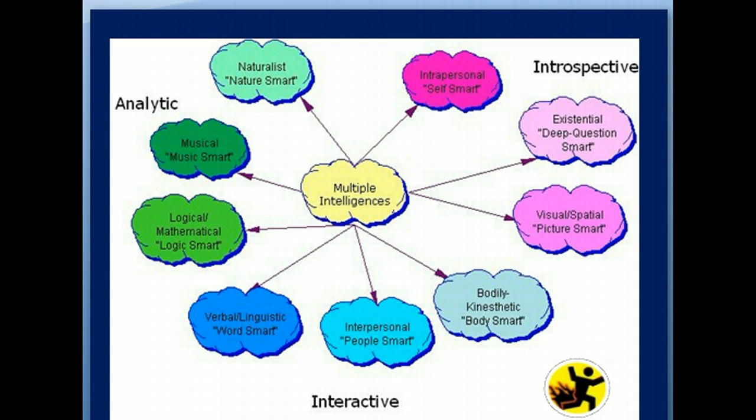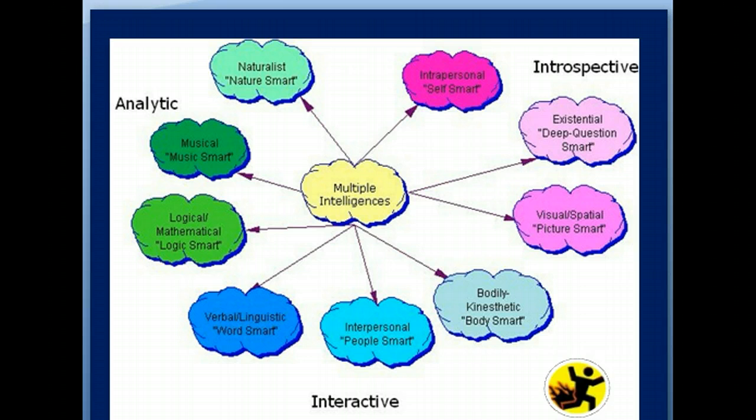So Howard Gardner believes that's one form of intelligence. At the 2 o'clock position, there's existential, deep question smart, people that are able to think about the big questions, the what is life types of questions, and being able to analyze that, think about it, and reflect on those questions.